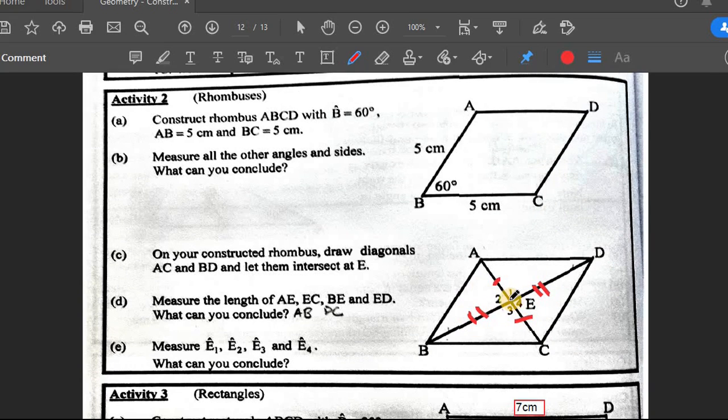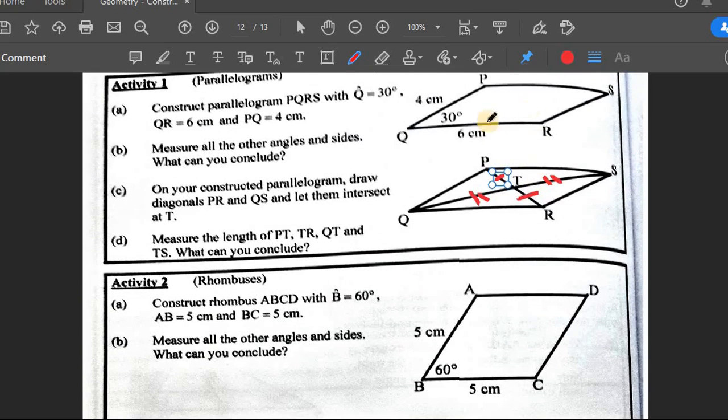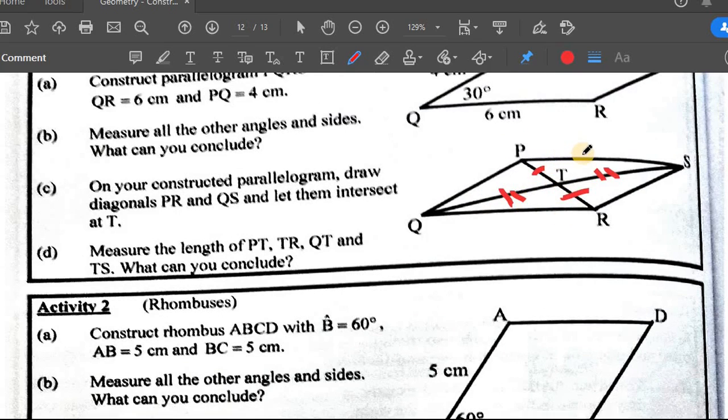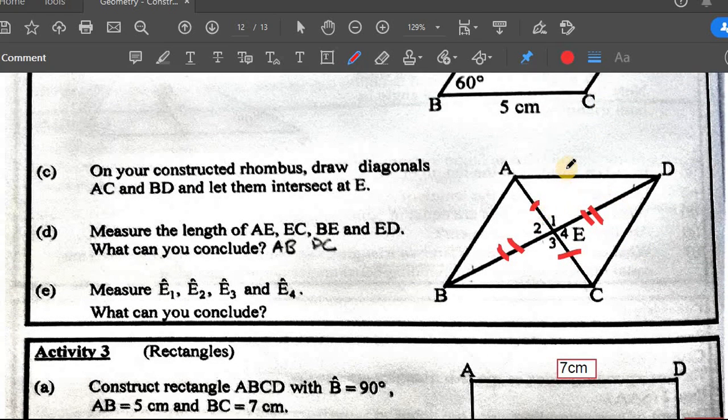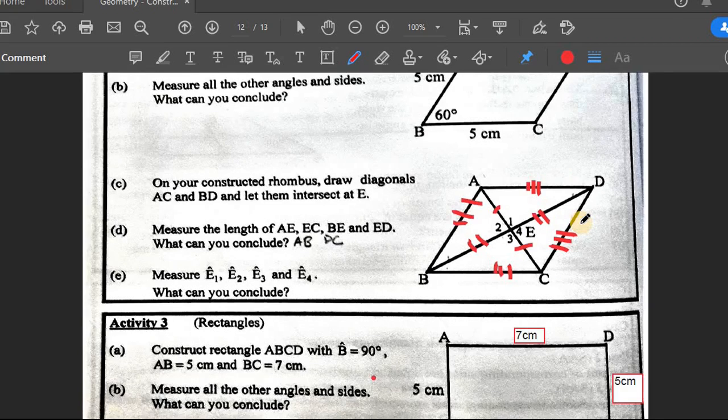It's like a tilted square, right? Let's look at tilted. Okay, it's a bit tiny. All right, we know that this side is equal to this side, and this side is equal to this side. Opposite sides are equal, right?